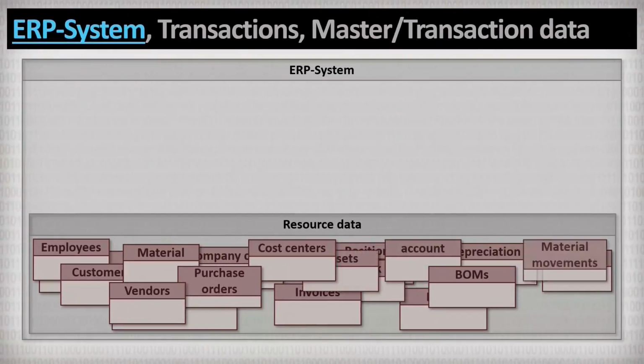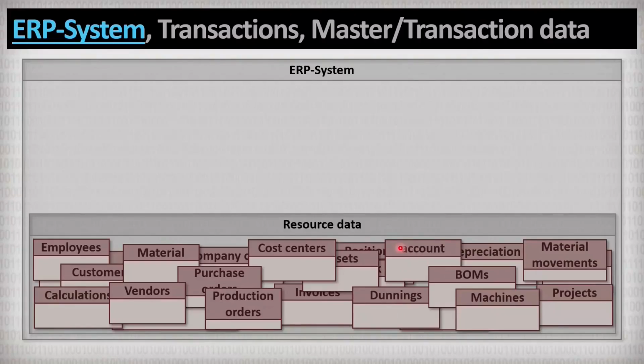All of this data is stored statically in that database. So that huge database that describes all resources of the company is the first of two main pillars of an ERP system. The second pillar is transactions.